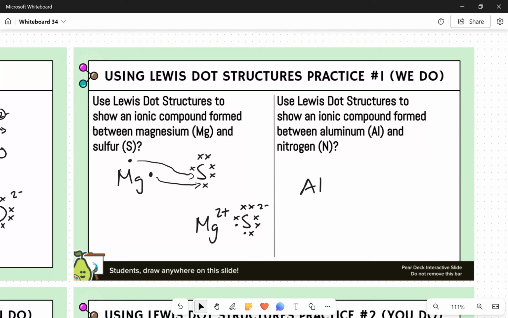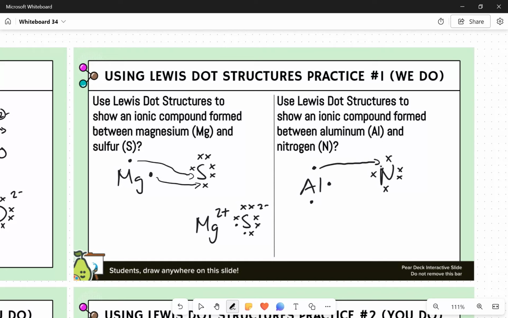Next one, aluminum. Aluminum has 3. Now I'm arranging these electrons in a way that makes it easier for me to draw this out. And you're allowed to do that as long as you follow the rules. You have to have 1 on each side before you pair. But it doesn't matter what side the electrons go on as long as they follow the rules. So I've got an aluminum, I've got a nitrogen. So I put the pair on the other side so that way it's easier to draw this out.